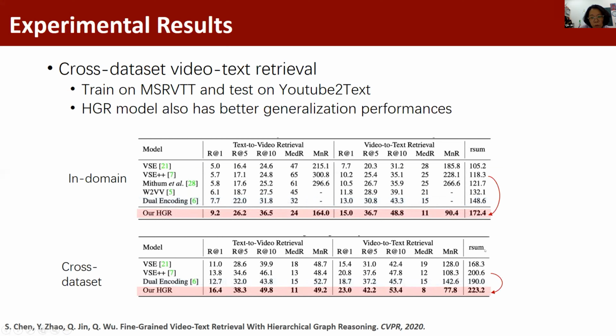However, for our HGR model, we see significant improvement over the baseline in both in-domain and cross-domain experiments, which demonstrates that our HGR model has better generalization ability.